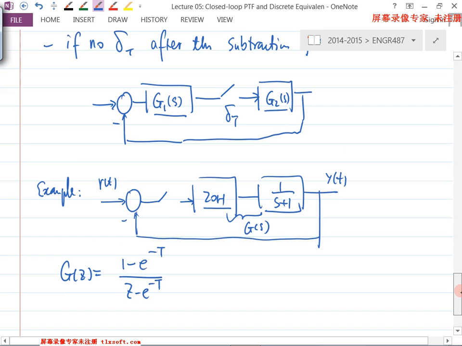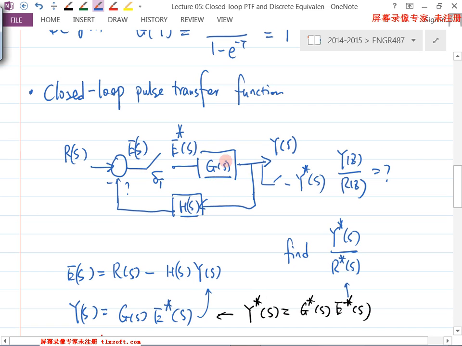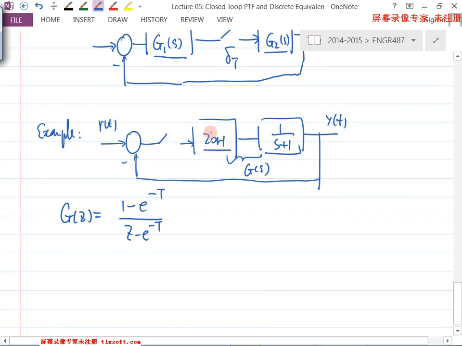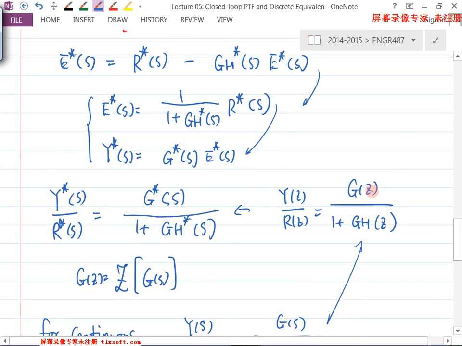Now, according to the block that I used over here, H(s) in that example is actually just 1, and G(s) is this one here. So then my closed loop pulse transfer function should be G(z) over 1 plus, instead of GH, this is actually just G(z).